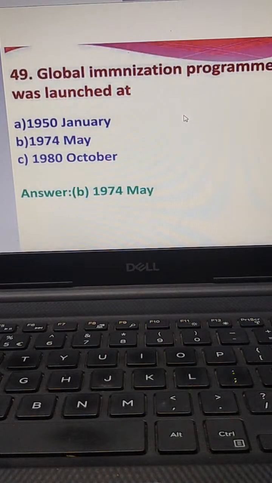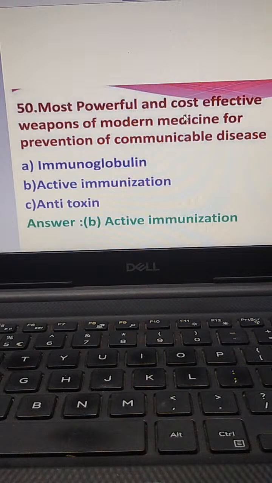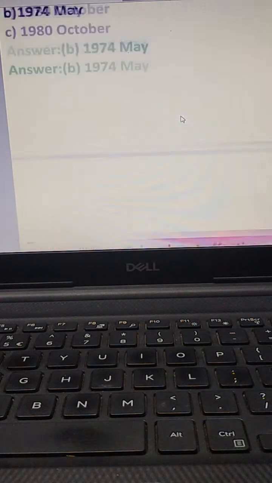The answer is May 1974. Then last question, most powerful and cost effective weapons of modern medicine for prevention of communicable diseases: immunoglobulin, active immunization, antitoxin. The answer is active immunization.